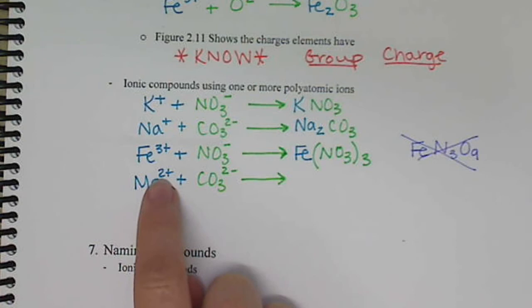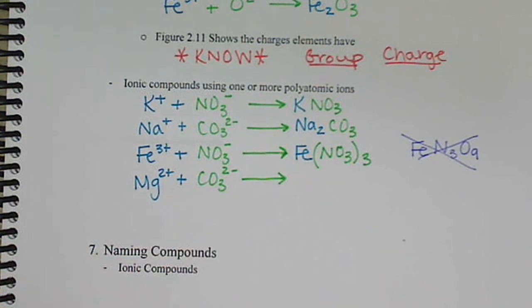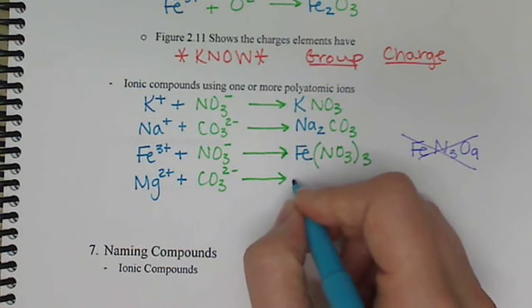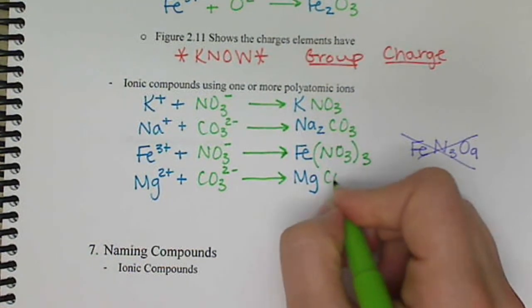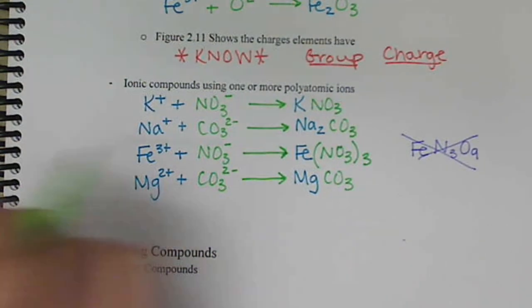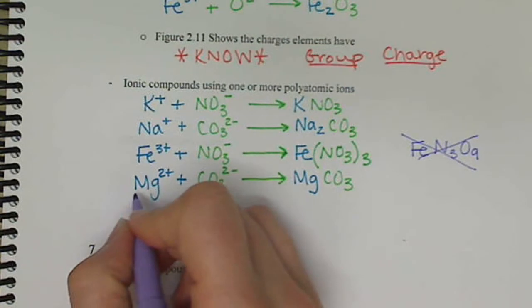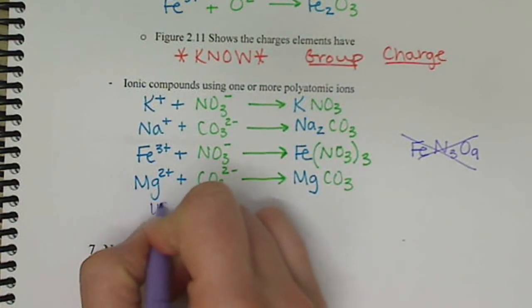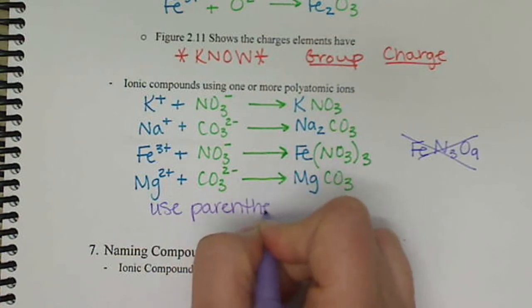Hopefully you have an answer. We have 2 plus and a 2 negative, so they're equal and opposite. So we just need 1 of each. So we'd have MgCO3. So when you're working with polyatomics, you want to use parentheses to keep the polyatomic together.